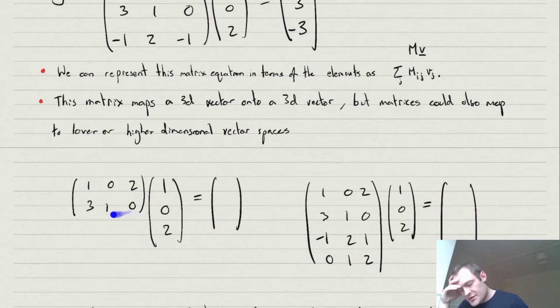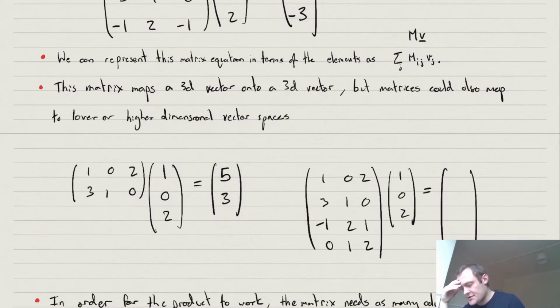So if we've only got 2 rows instead, we'll map to a 2-dimensional vector. And so 1 times 1, 0 times 0, 2 times 2 is 5. 3 times 1, 1 times 0, 0 times 2 is 3. And you see that we've run out of rows at this point. So we end up really with just a two-dimensional vector.